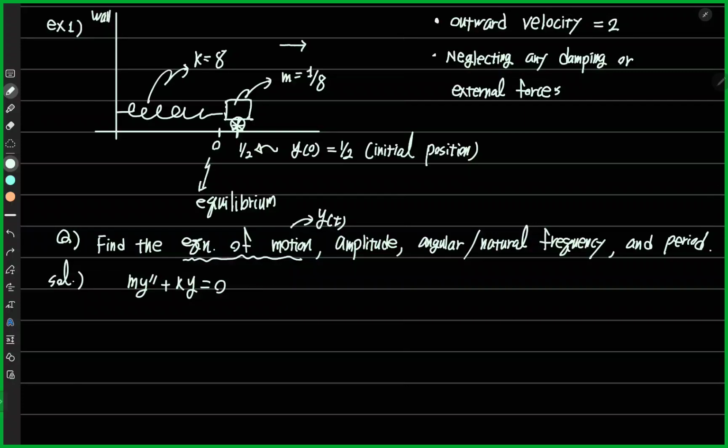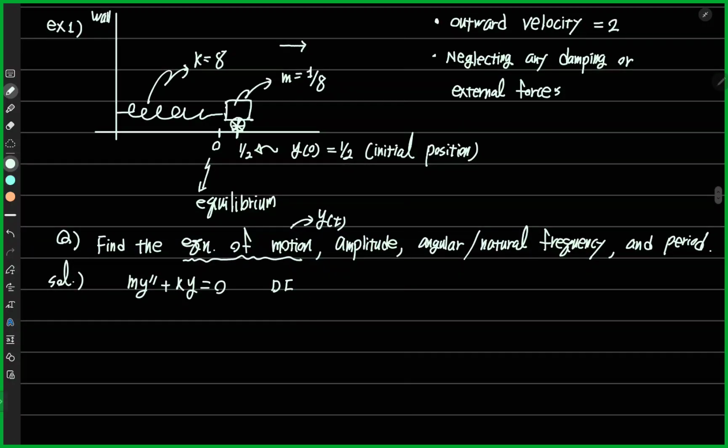So the differential equation is going to be 1/8 y double prime plus 8y equals 0. I don't like a fraction, so I just multiply by 8 on both sides. So we get y double prime plus 64y equals 0.